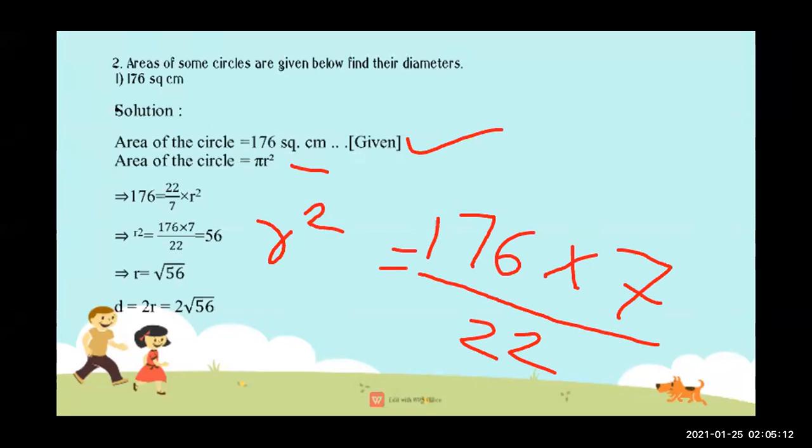When we take 22 upon 7 to the other side, it changes, that means it becomes 7 upon 22, and r square remains as it is. Now here we will do the cutting: 2 ones are 2, 2 ones are 2. Then 2 eights are 16, 1 carry, 2 eights are 16.